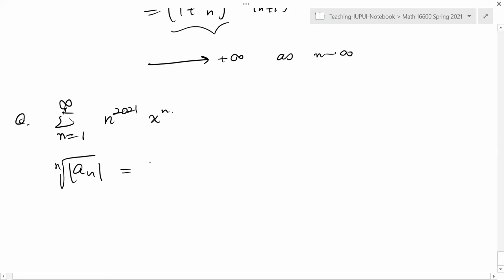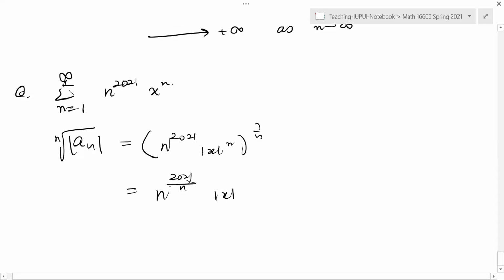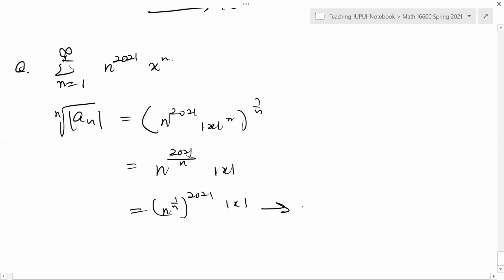So that is going to be n to the 2021, absolute x to the n, all to the 1 over n. Now, what is the limit of that coefficient? This is going to be n to the 1 over n, then to the 2021. It doesn't matter how big that number is. This limit is always equal to 1 as n approaches infinity.